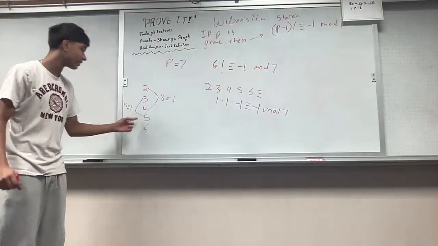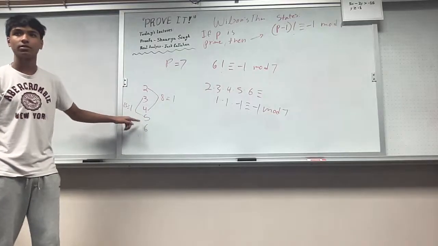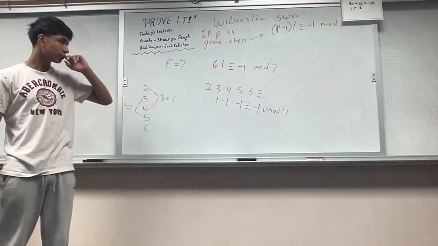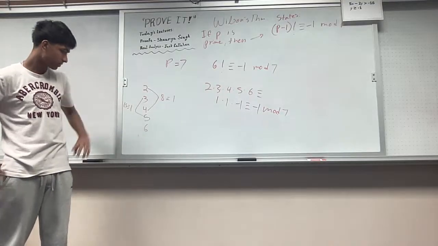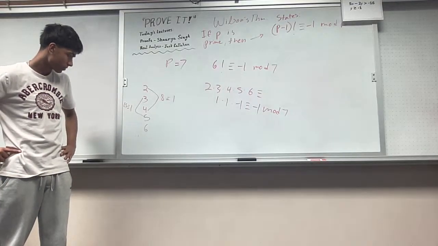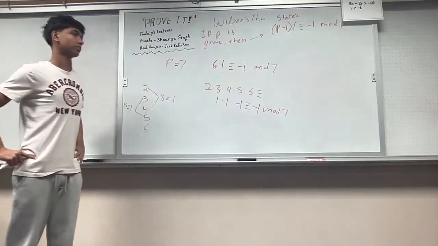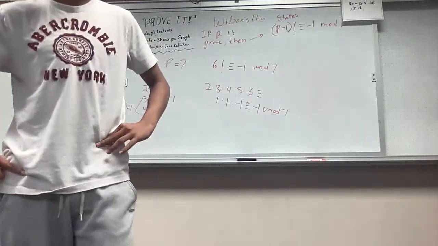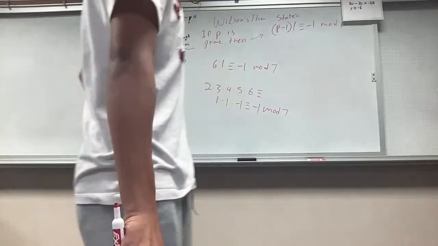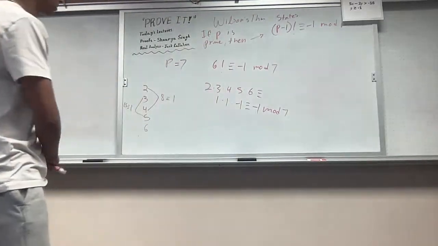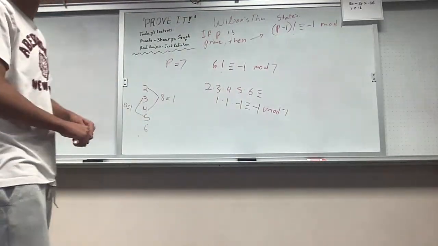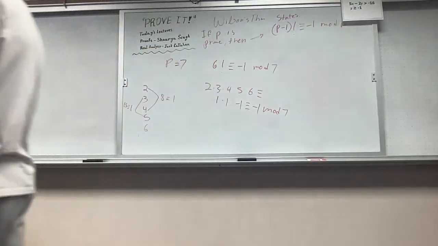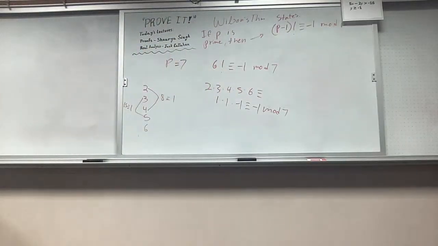Let's say you want to find the inverse of 5 in mod 7. What do you do? You multiply by 3.